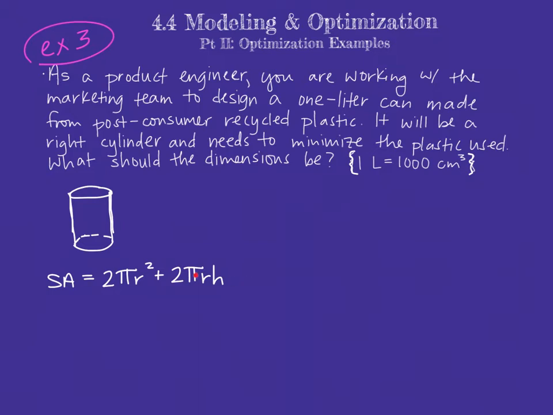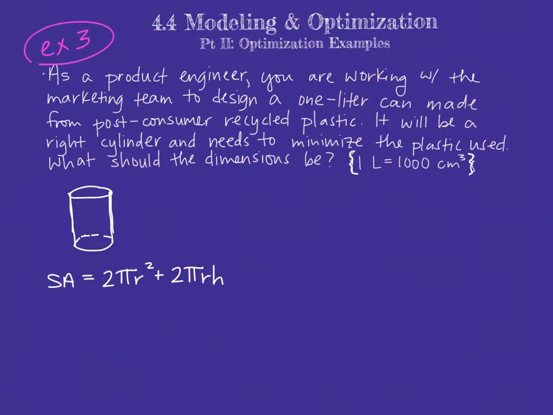And if you do not remember that from geometry, there is Google. So we have the 2 circles that make this up. And then if you were to roll out this middle part, it forms a rectangle, and it's the height times the length of it, and the length of it is the circumference of the circle, which is 2 pi r. So that's pretty cool. That's where this comes from.